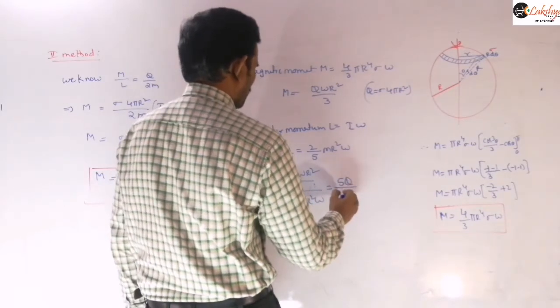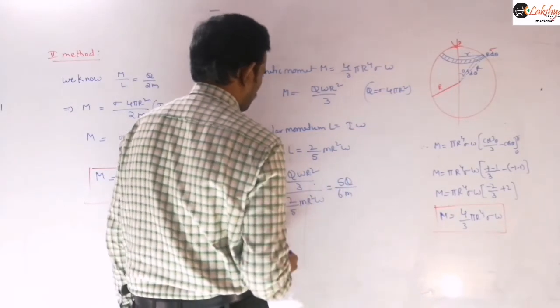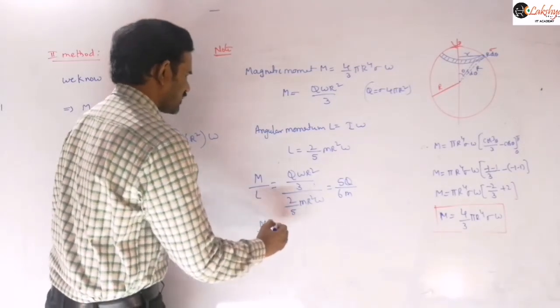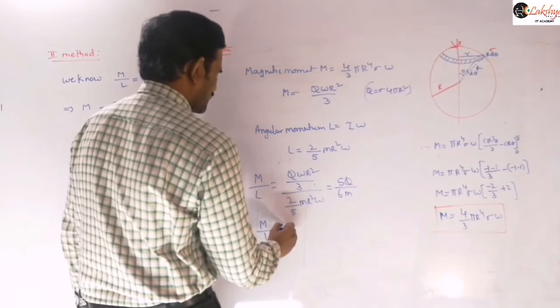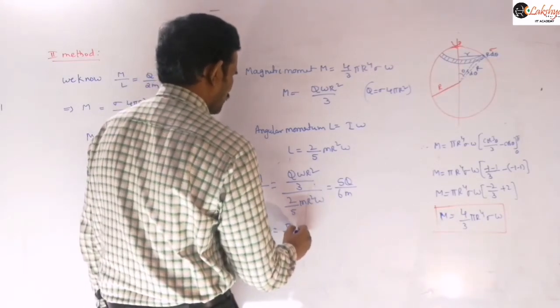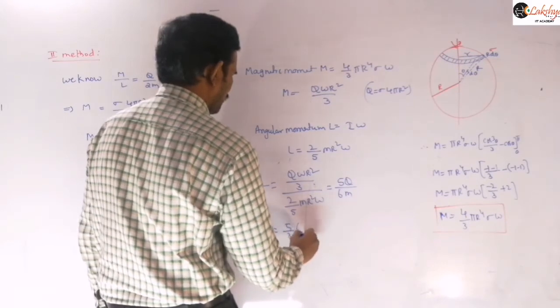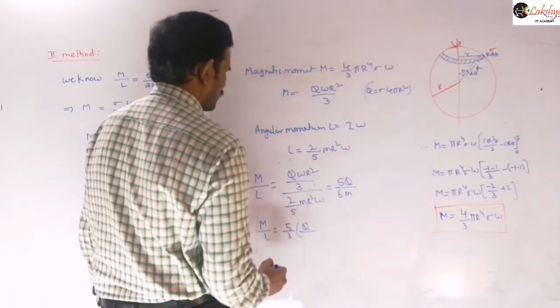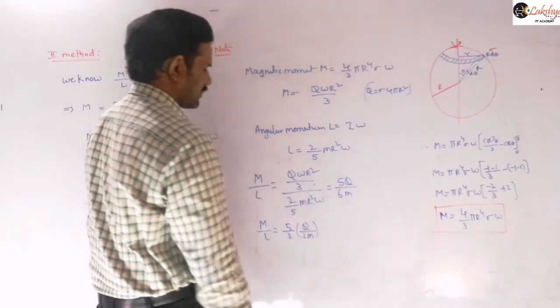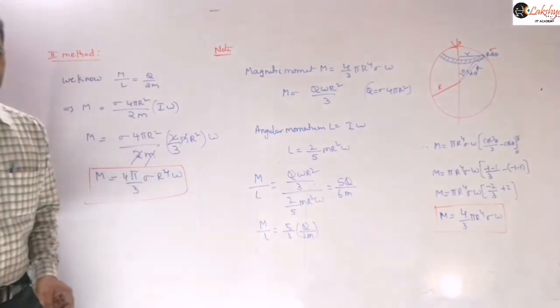So this expression you will get like 5Q by 6m. That means what we can consider is M by L is equal to 5 by 3 into Q by 2m. So that is the case there.